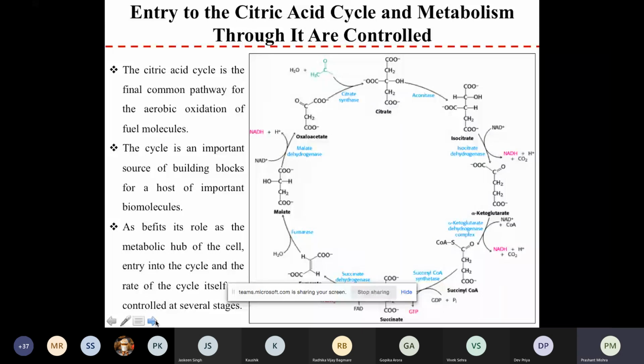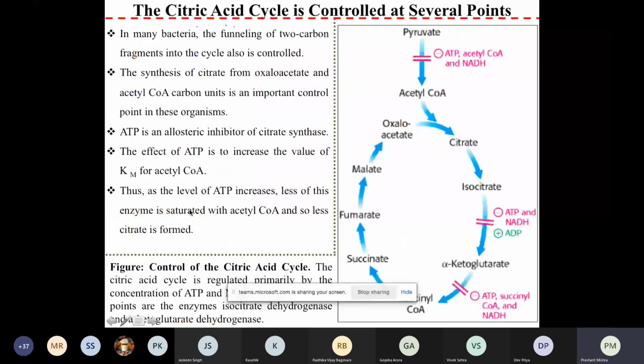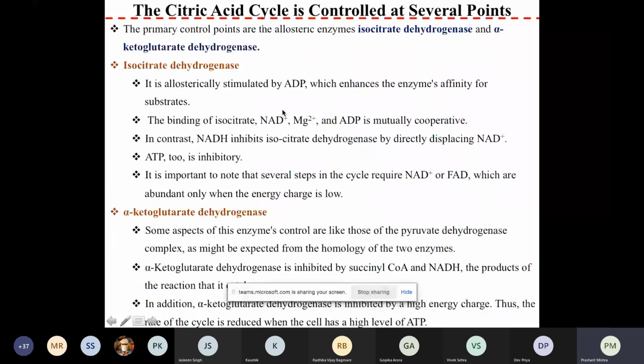Now, isocitrate dehydrogenase, this enzyme is controlled allosterically by ADP. ADP shows that the energy is less and the cycle should operate more. And that is why, if ADP is there, it will allosterically bind with isocitrate dehydrogenase and activate this enzyme. And how does it do that? It enhances the affinity of the enzyme.